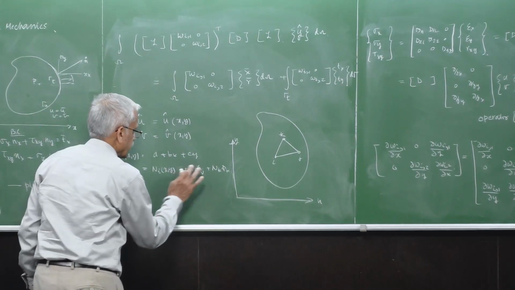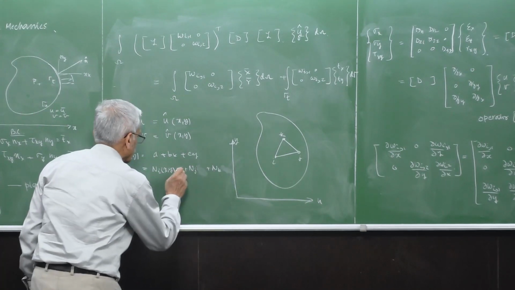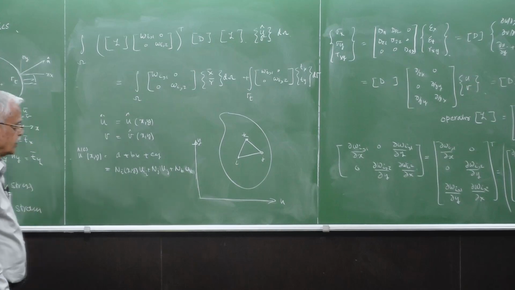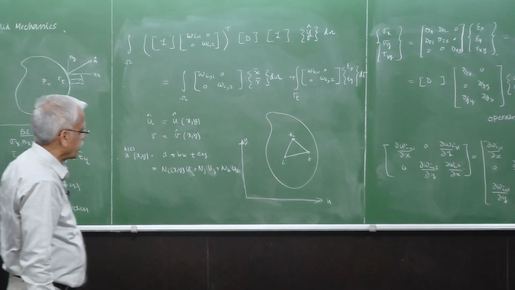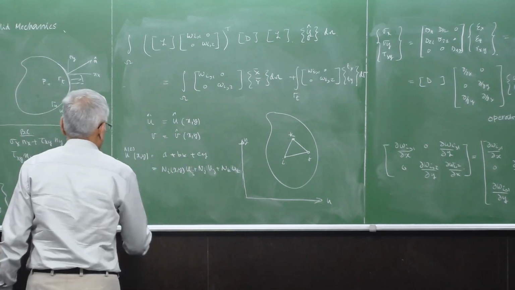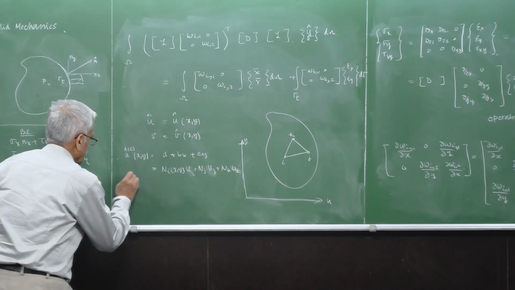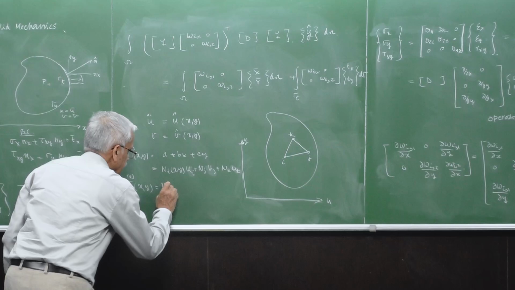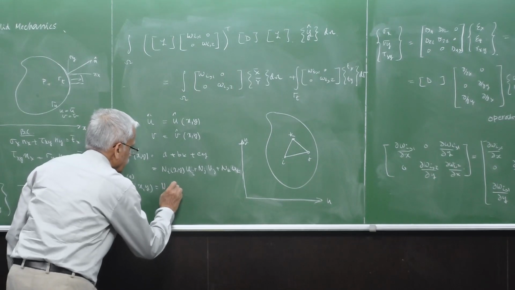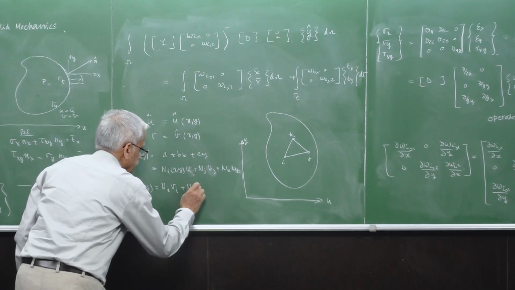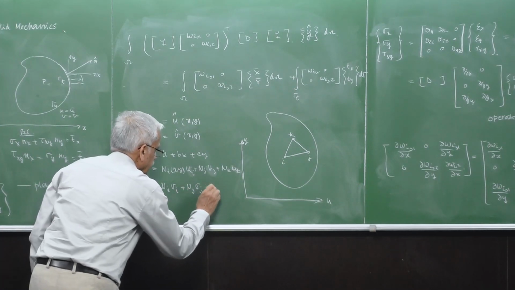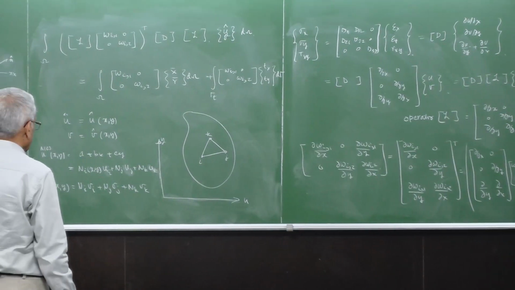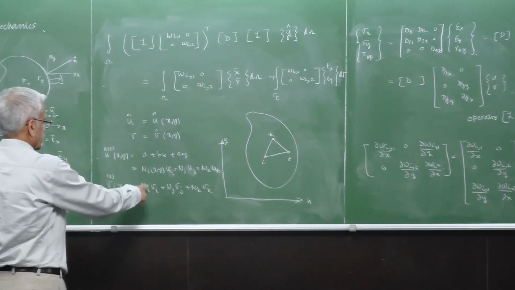So it is not phi here, it is u: Ni Ui, Nj Uj, Nk Uk. Similarly, we can also do it for v: Ni Vi, Nj Vj, Nk Vk. So what we have here then is the shape functions Ni.